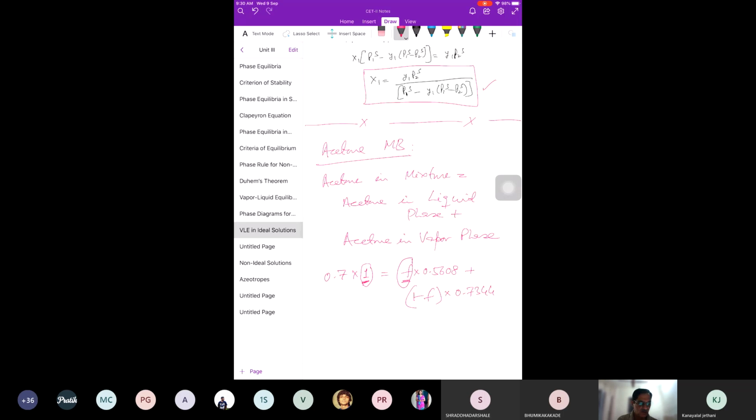So you can find out what is the value of F. That is the fraction of liquid in that mixture. हमने 1 इसलिए लिया क्योंकि फ्रैक्शन चाहिए. अगर परसेंटेज निकालना है तो 100 ले सकते थे, फिर 100 माइनस F हो जाता था.